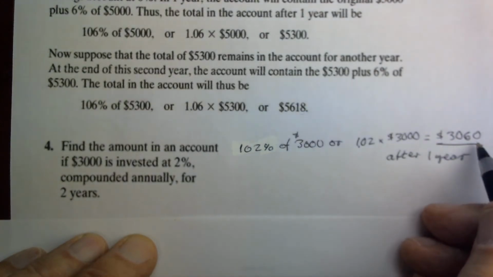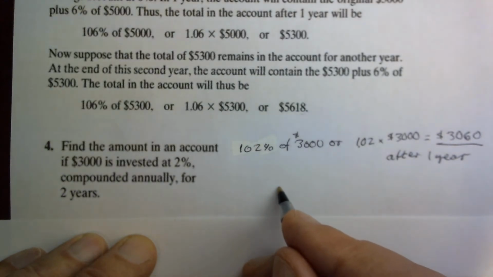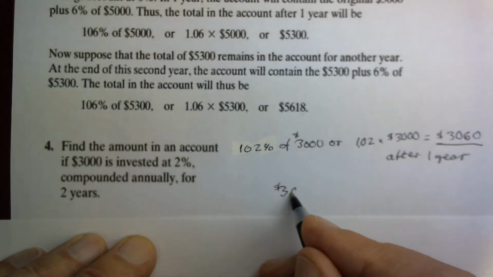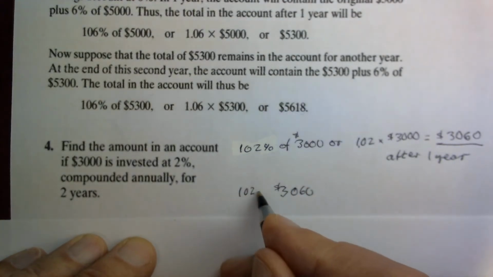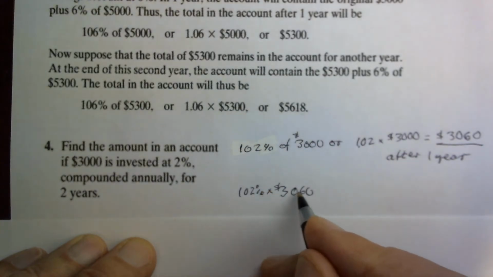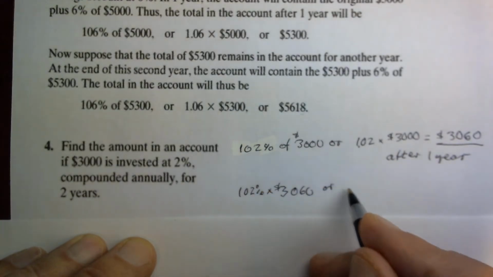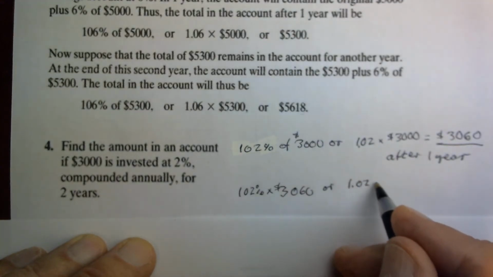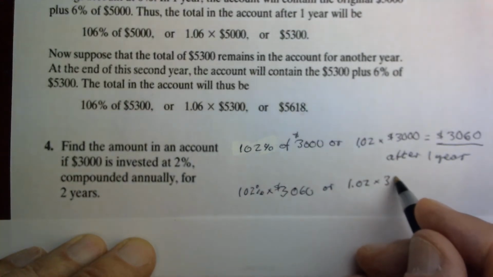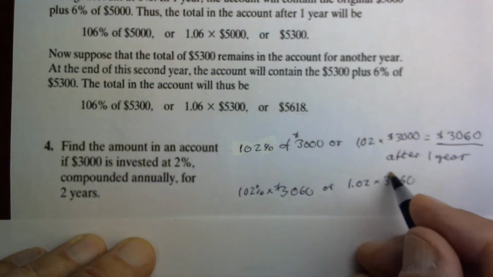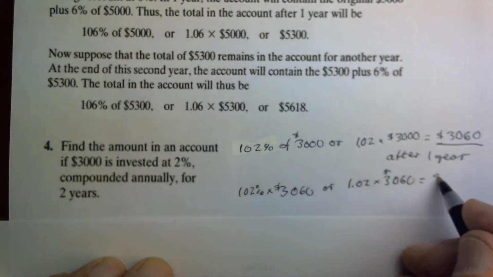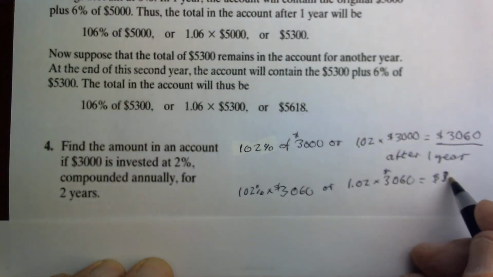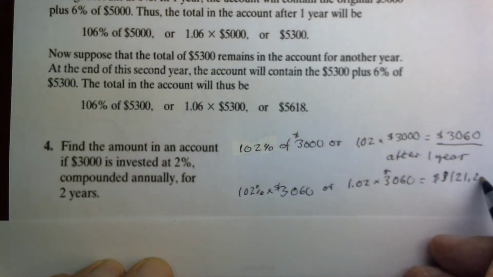Now, we take this amount, $3,060, and multiply that by 102%, or 1.02 times $3,060. That's equal to $3,121.20.